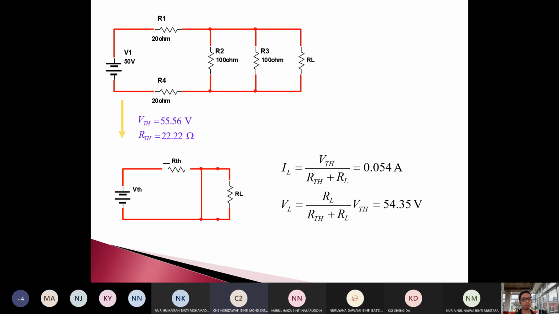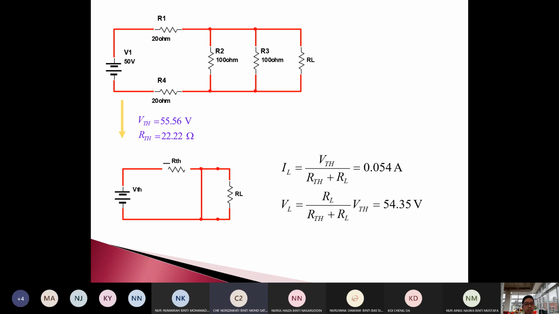Now you connect back your RL over there, and you already have your VTH and RTH, so you can find your IL.